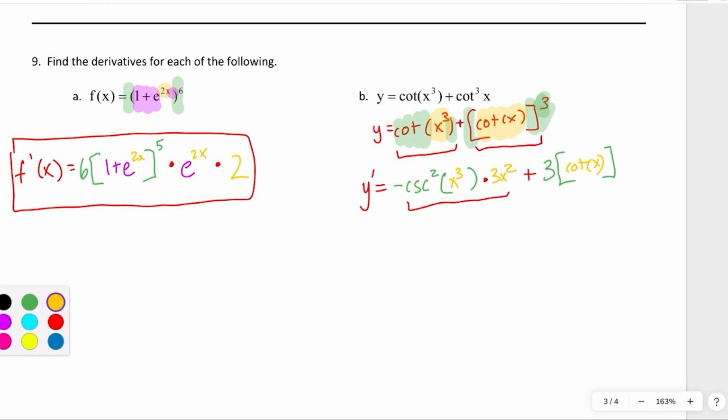So times, and I'll put this in parentheses so it doesn't look like I'm writing minus, negative cosecant squared x. Now you could probably clean this up a little bit, especially with the negatives being in there, but I'm going to leave it like this.